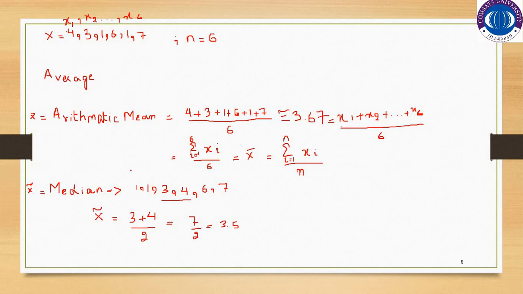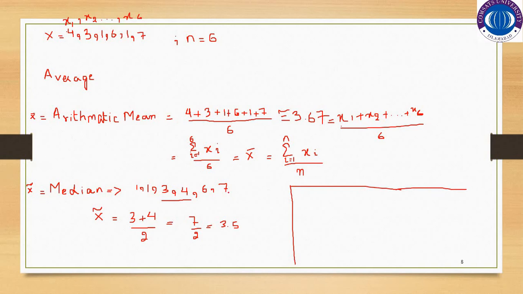And in this case, we have discussed the arithmetic mean and the median for the case where the number of observations is even. What will happen if the number of observations is odd? Let's suppose we have 5 observations.